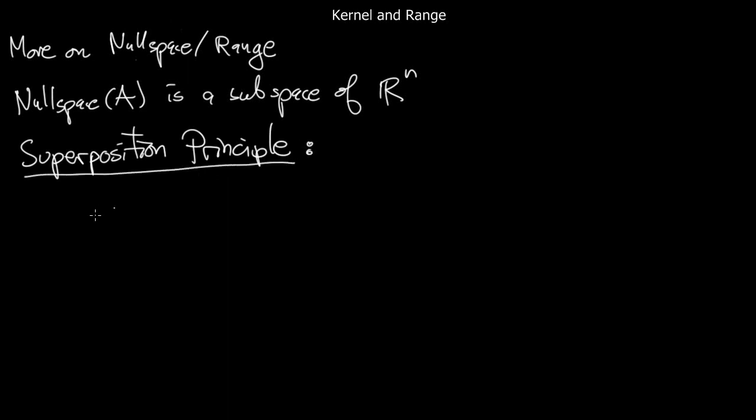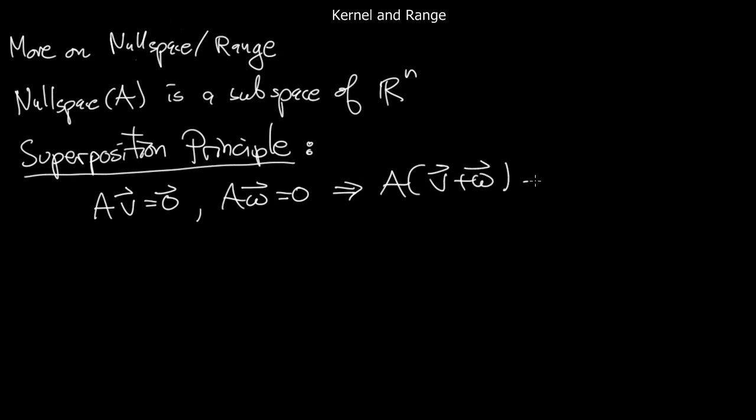The superposition principle says that if you have two solutions to Av equals 0, which is Av equals 0 and Aw equals 0, then you can add them. Which is to say, if you have two solutions v and w, then you can superimpose them and take their sum, and that's also a solution.